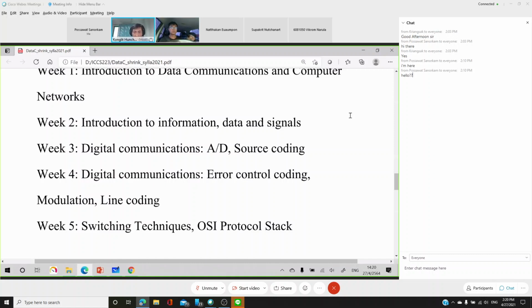And after it becomes digital data, we're going to talk about source coding. Source coding, you can say, is compression. Okay, so when you have a big chunk of data, you would try to throw away the redundancy, that's the term, what's not necessary to send.